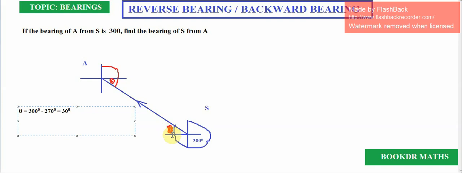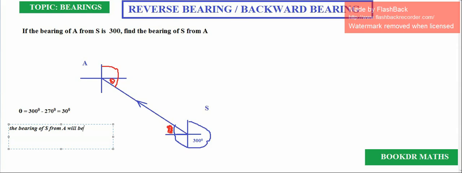This implies the bearing of S from A will be 90 degrees plus 30 degrees, and that will give us 120 degrees.